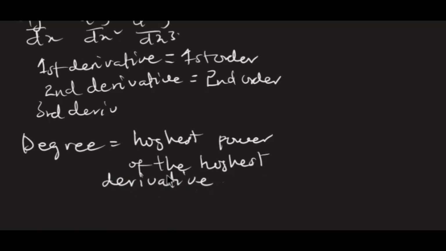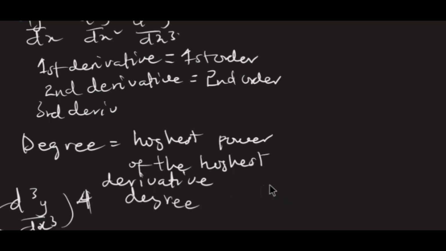The order is the highest derivative, that is whether it is first derivative, second, third or fourth, but the degree is the highest power of the highest derivative. If the derivative d cubed y over dx cubed is to the power 4 and it happens to be the highest derivative, then 4 becomes the degree of our differential equation.